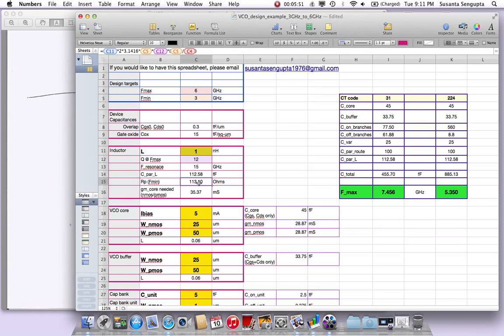So what I'm doing here is, you can see C11. What is C11? C11 is the value of the inductor, so L times 2 pi. C5 is F min, 3 gigahertz, multiplied by C12. C12 is the maximum value of Q, which is 12 at 6 gigahertz, but I'm scaling it down to 3 gigahertz.